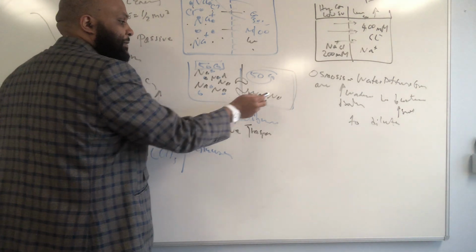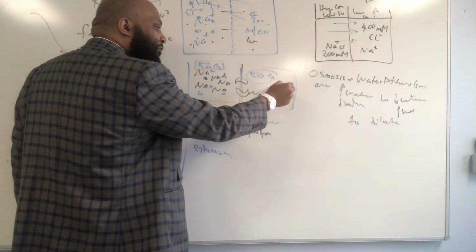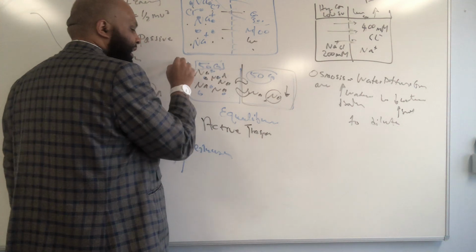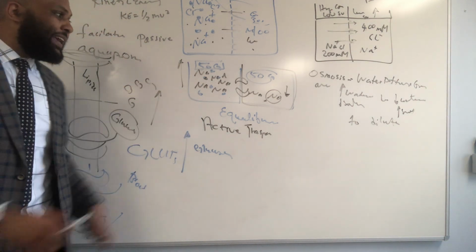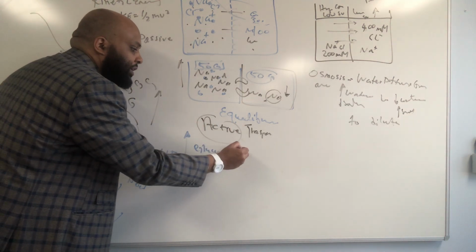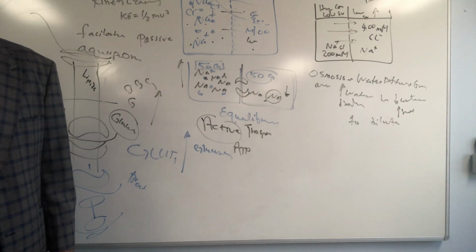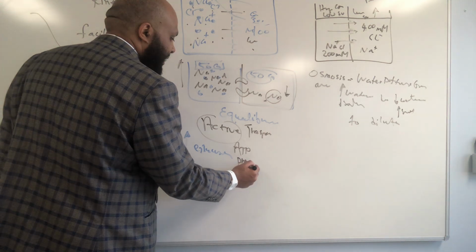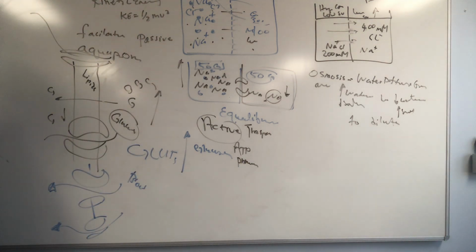Sodium potassium ATPase moves sodium from an area of a low concentration to an area of a high concentration. That's the opposite. So that's why it needs ATP. That's why active transport requires ATP. And that is known as the primary active transport. Primary is when you use ATP.